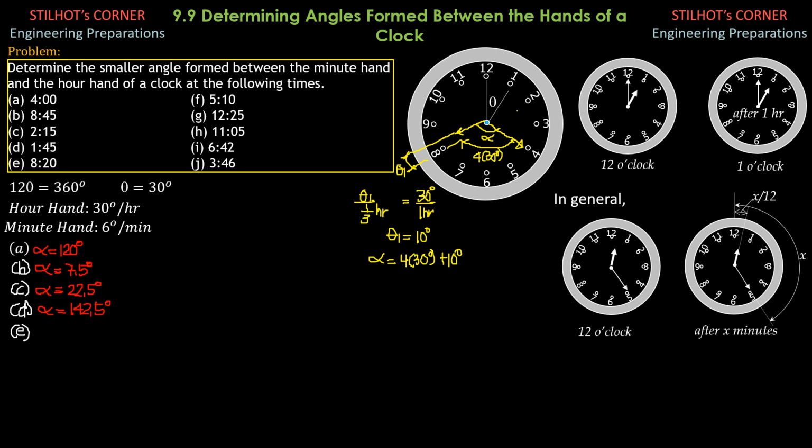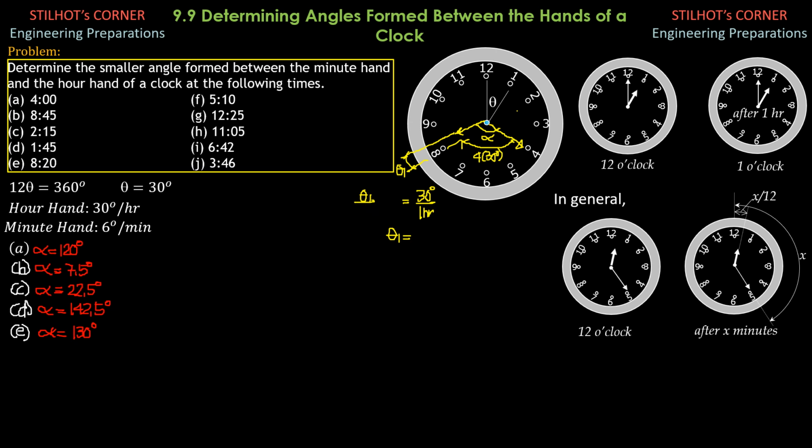So the answer to part E is 130 degrees. So the smaller angle alpha equals 130 degrees.